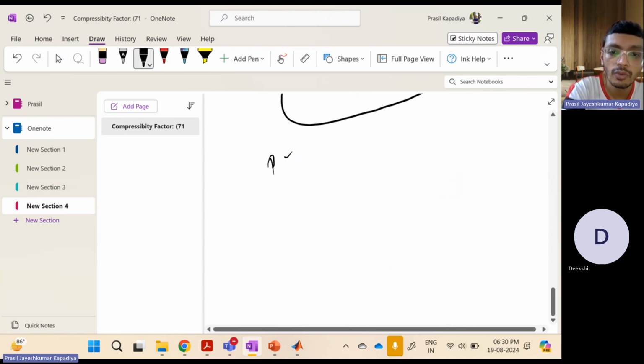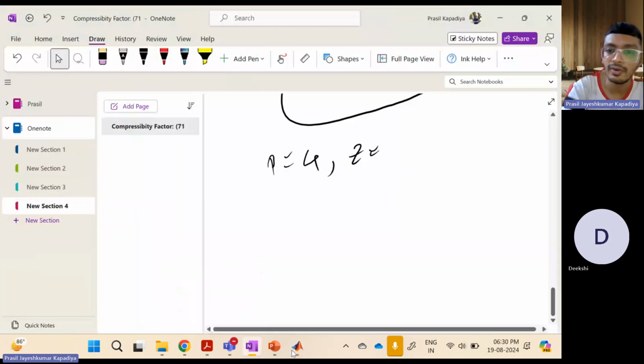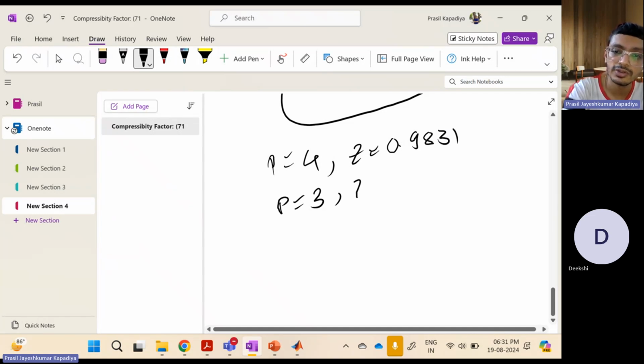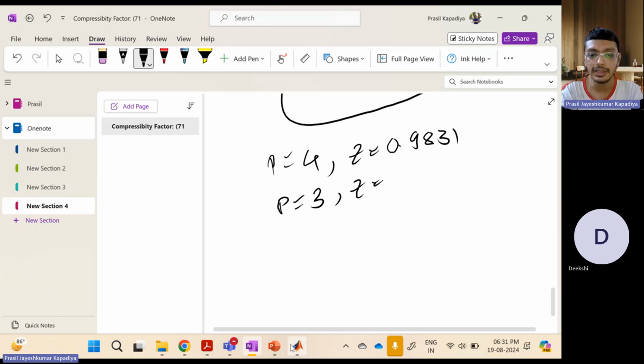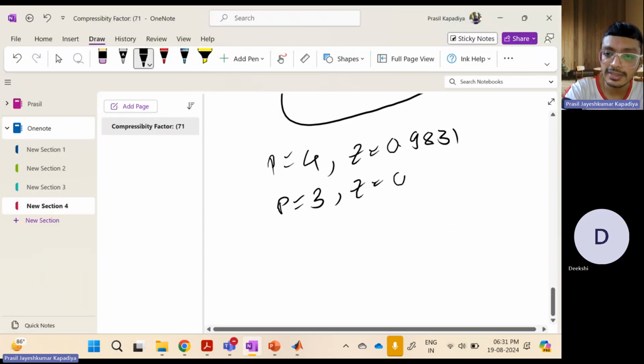Now let's further reduce our pressure to 3. So what are we getting as P is equal to 3? We are getting 0.9874. So it is going near to 1.